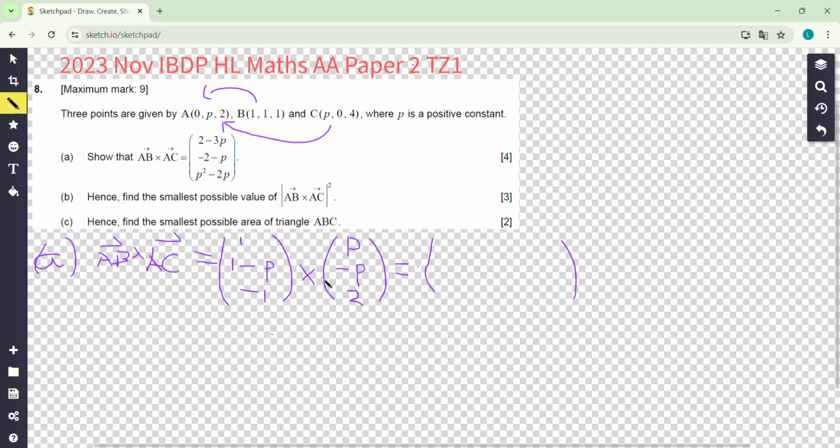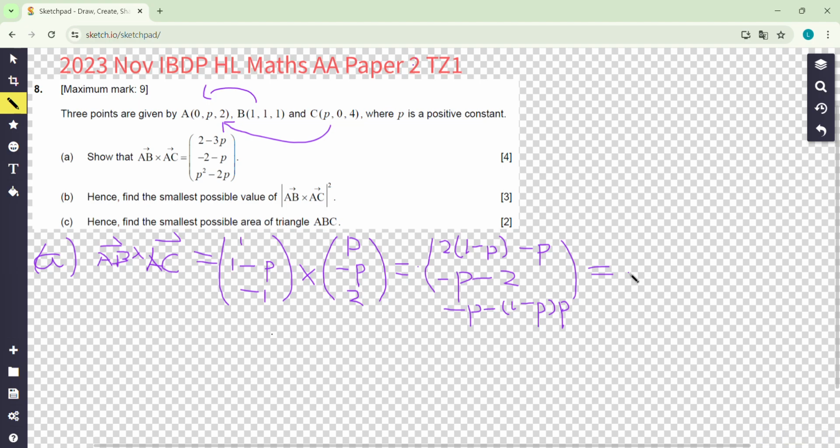Two terms, okay? So 2, 1 minus P, minus P. Middle one, this one, okay? Minus P minus 2. Lowest one, minus P minus 1 minus P. Well, very complicated.